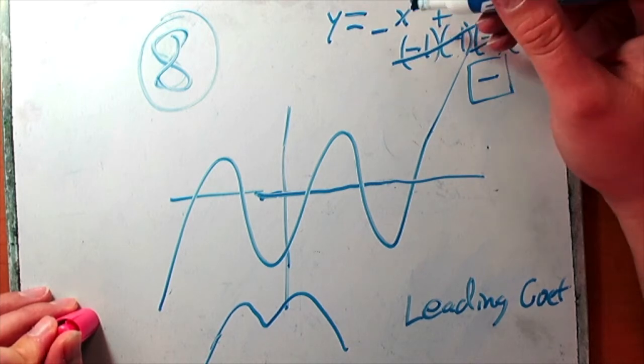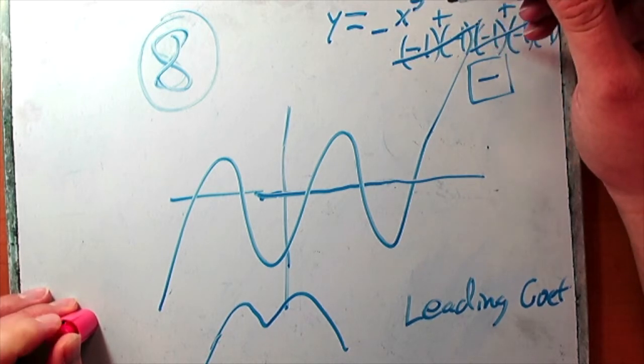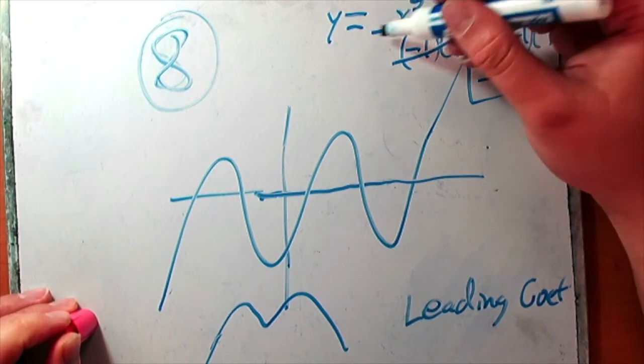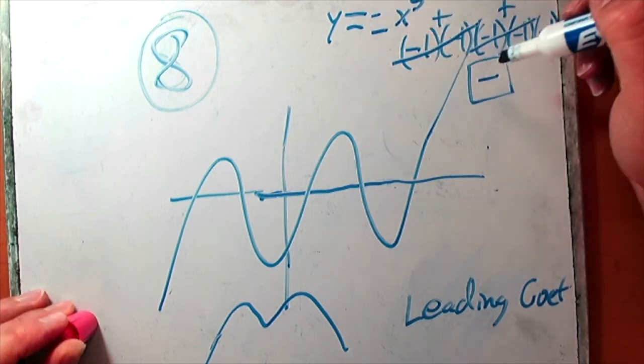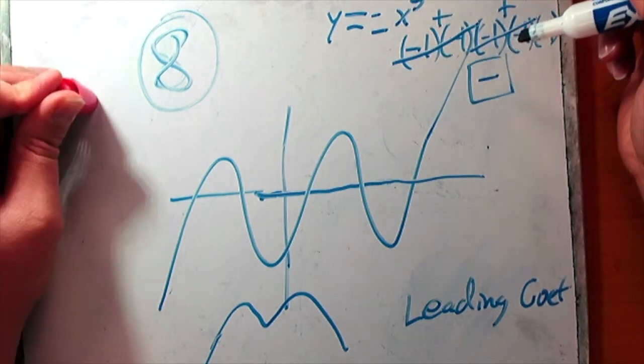If this leading coefficient is also a negative, it's going to cancel that out, and then y would have to be positive.